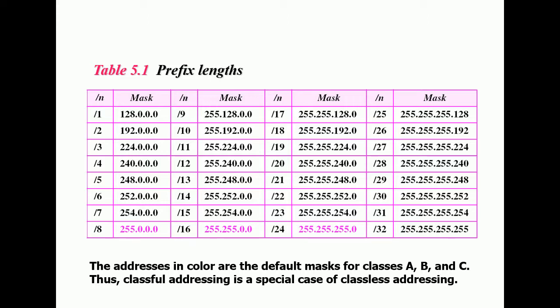Now let's calculate how this masking concept works. Suppose /1 is the value of n with a given address, then the mask will be 128.0.0.0. How?